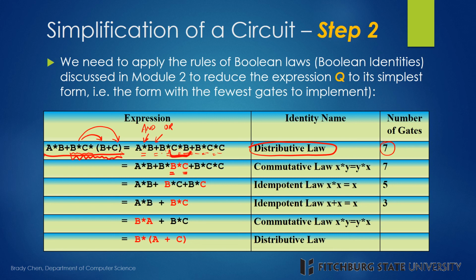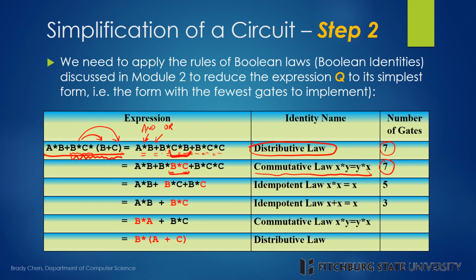We'll see. Why can we switch the order? Because when we switch the order, we still get the same result. C times B is the same as B times C. That's based on the commutative law: X times Y equals Y times X. Now this doesn't change the number of gates.